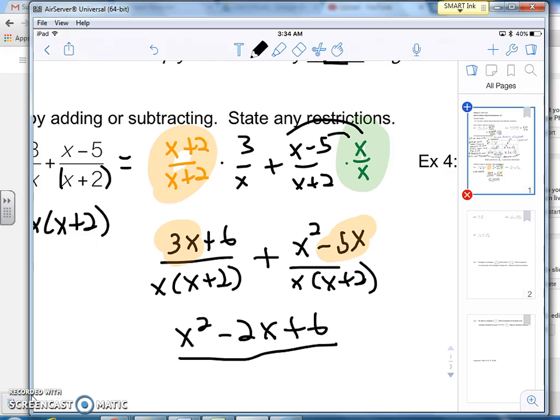So we'll just leave it the way it is, and we get over x times x plus 2, and I leave that in factored form, although different teachers will ask for different things. And there's your final answer. All right, if you need to pause, go ahead and pause now and move on to the next example.